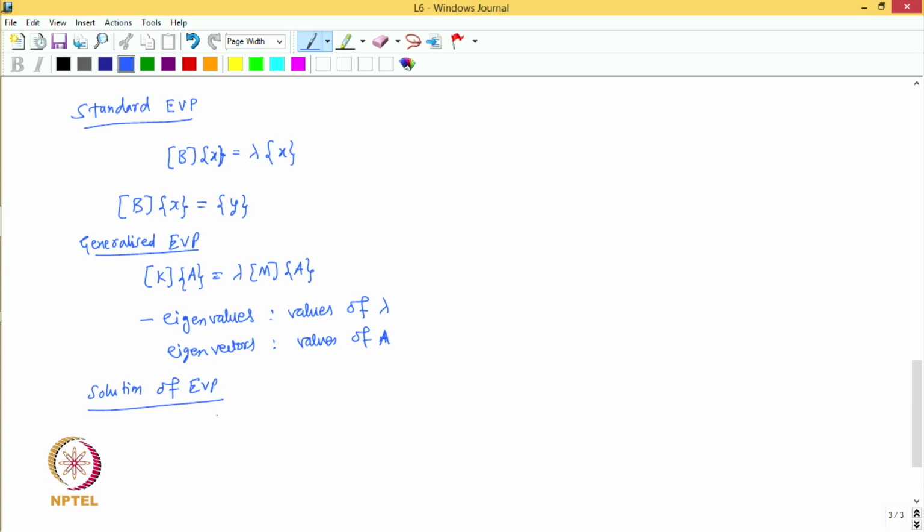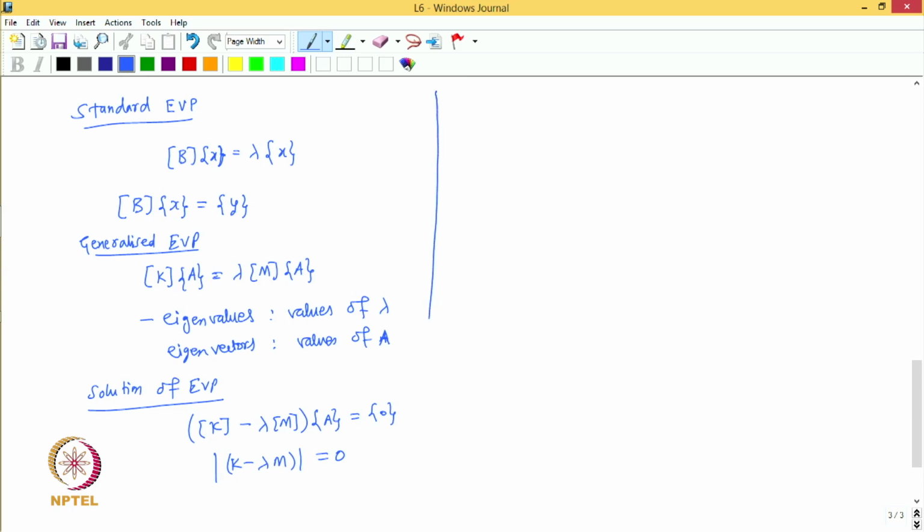So, if you look at this, then the solution would correspond to the determinant of this coefficient matrix to be 0. So, we can write eigenvalue problem as k minus lambda m A is equal to 0. So, determinant of this k minus lambda m matrix should be equal to 0, right.